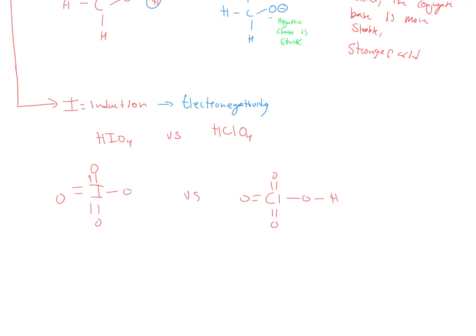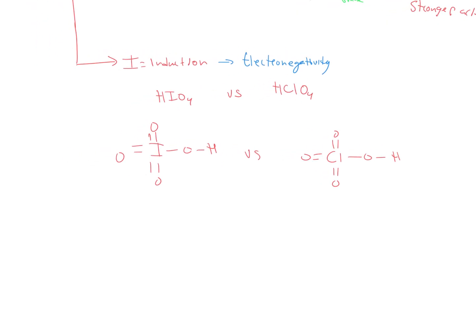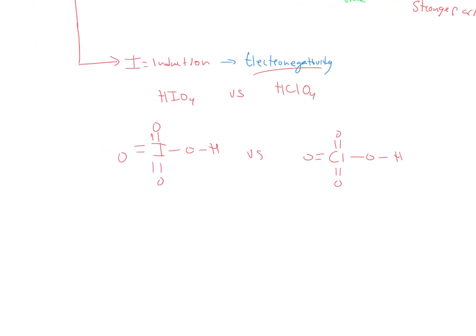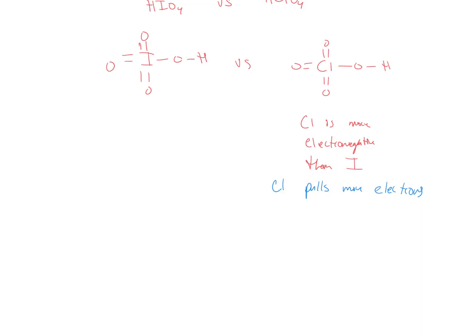So if you're given structures that look like this, if we're trying to compare which one is stronger, we need to look at their electronegativities. Now what we know is that Cl is more electronegative than I. And so Cl pulls more electrons. And so now I encourage us to look at the conjugate base.